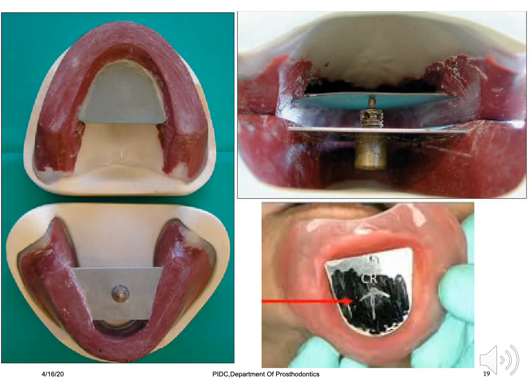Now when you see this figure, you have the maxilla which has a plate, and then you have the mandible which has a plate as well, but a screw is attached to this plate. Once you have got the vertical dimension of occlusion, you place the maxilla in the patient's mouth, you place the mandible as well, and then you ask the patient to bite.